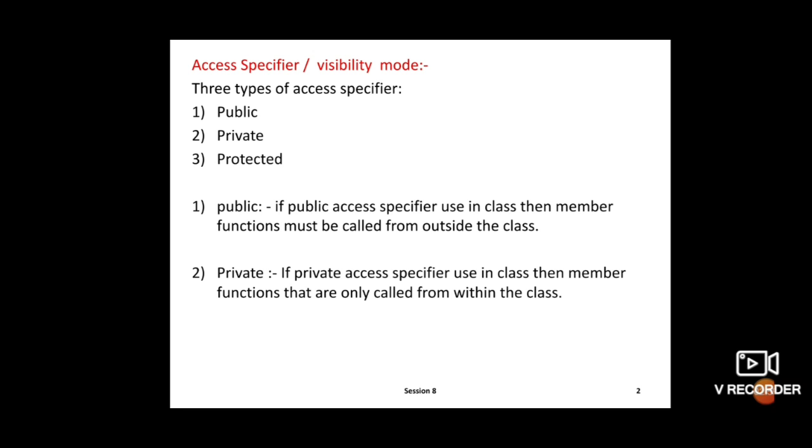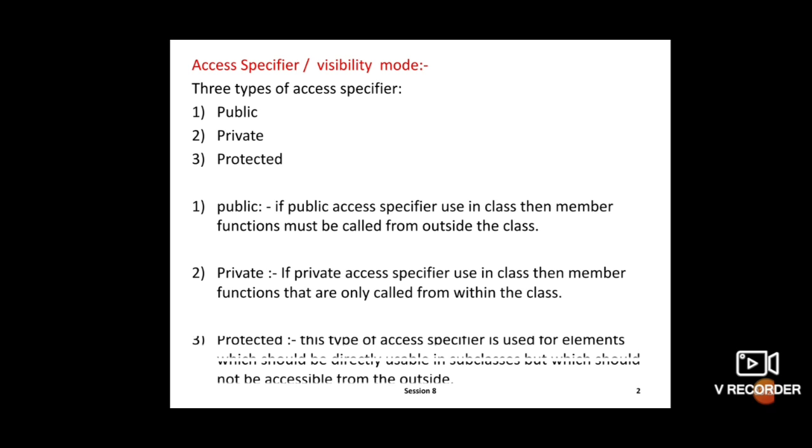Suppose you want to keep information private, so that no other user can access it, then you can declare that data as private, because that data is limited to within the class and can't be accessed outside the class.